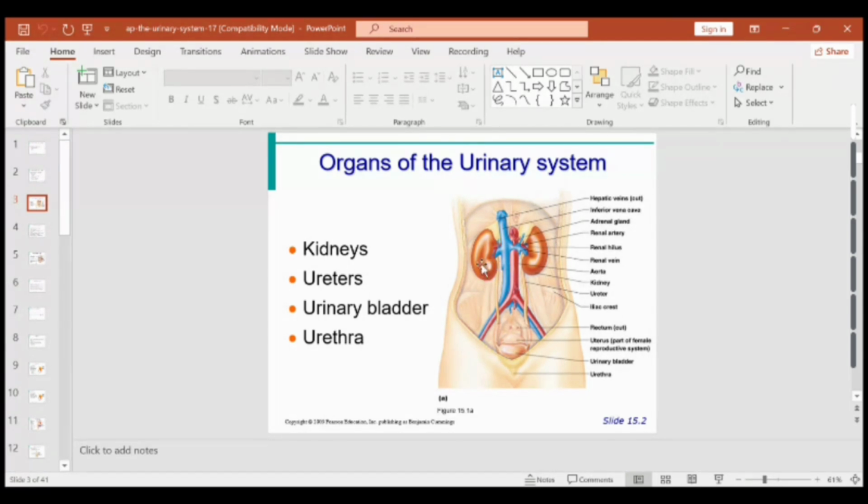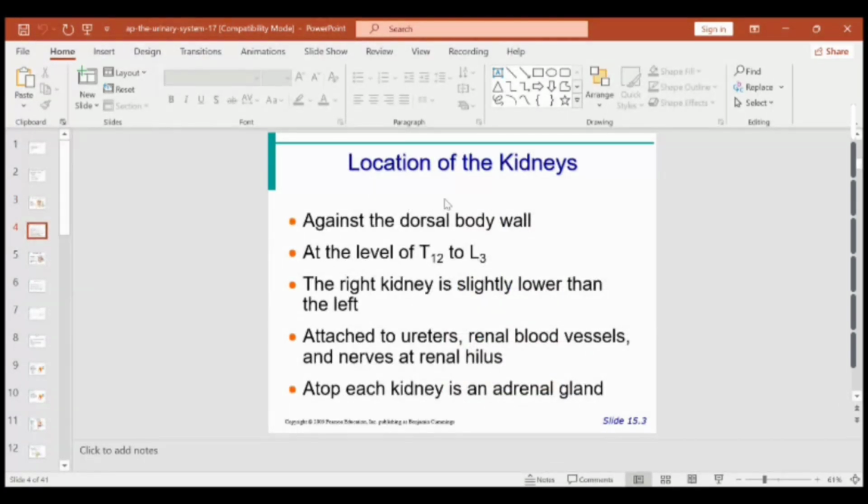It's made up of two kidneys, and on top of them are the two glands that we talked about in the previous class, the suprarenal glands, which have other functions. So the whole system includes the kidneys, which are two in number, two ureters connected to one bladder and one urethra. And if you remember from your anatomy, the liver displaces the right kidney slightly downward, so it's slightly lower compared to the left.